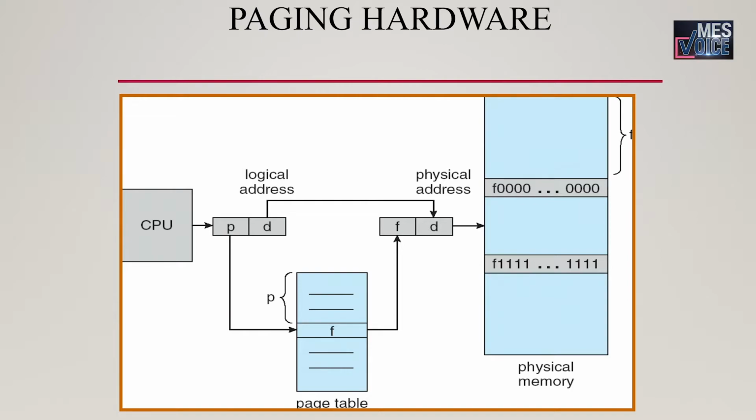When the page number is given to the page table, a frame number corresponding to that page number is stored there, and that frame number is passed to the physical address along with the displacement, and that will be the final location of that particular process in the main memory.